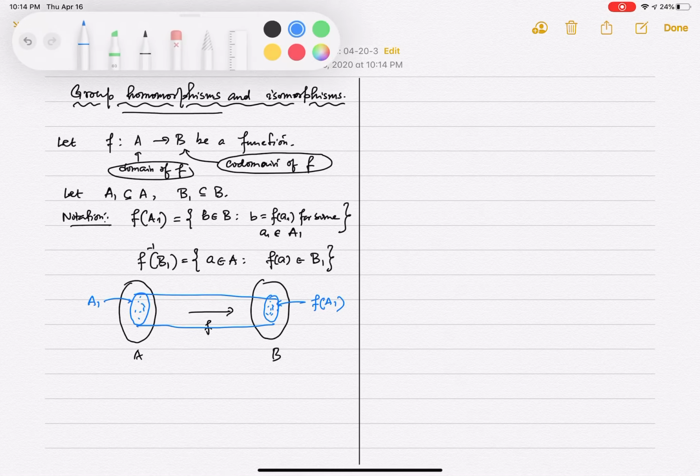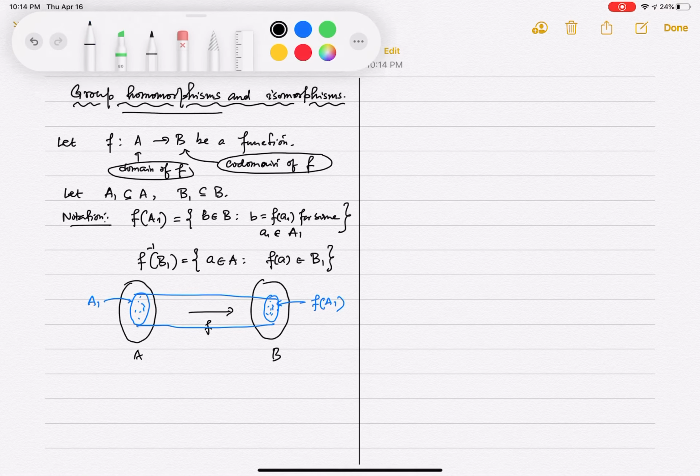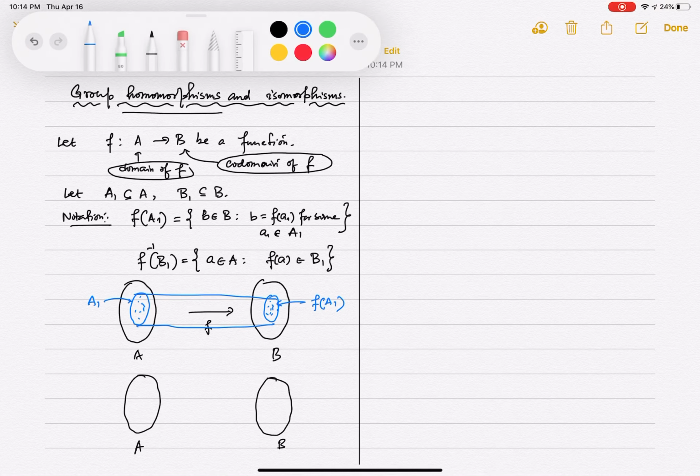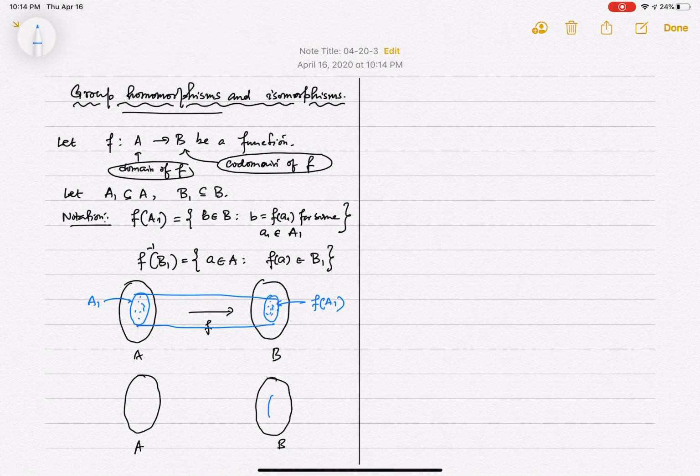On the other hand, A and B again, you take some subset of B, start with some subset here, and look for all the things on the left hand side for which when you apply f to them you land inside the shaded part.